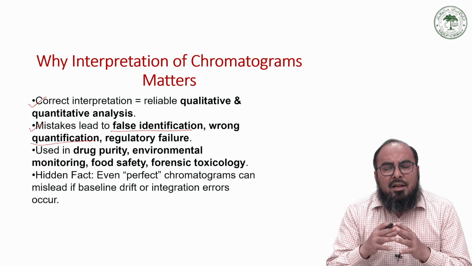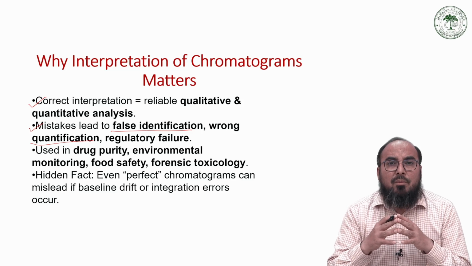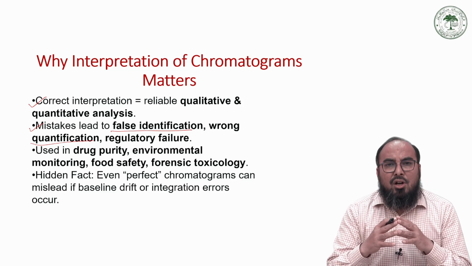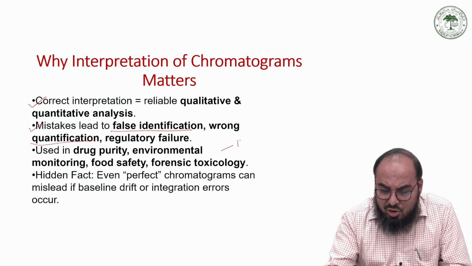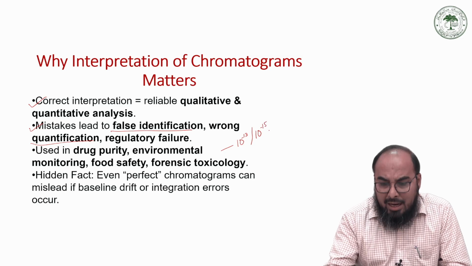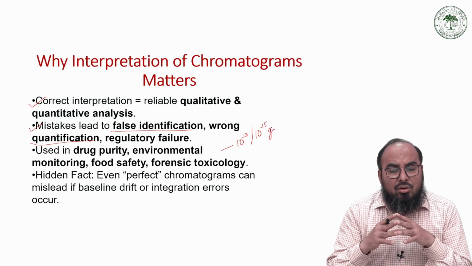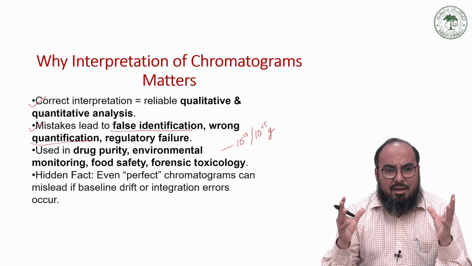And we have seen that certain detectors are so specific that they give you information about the presence of a particular volatile component at the level of 10 raised to the power minus 13 or sometimes 10 raised to the minus 15 gram. That is very high selectivity, very high selectivity.